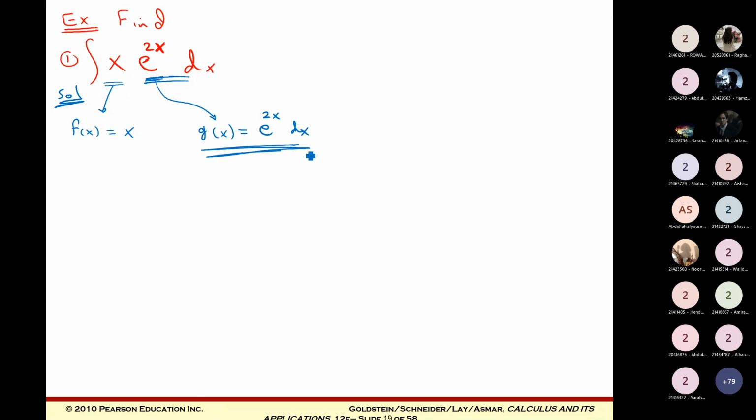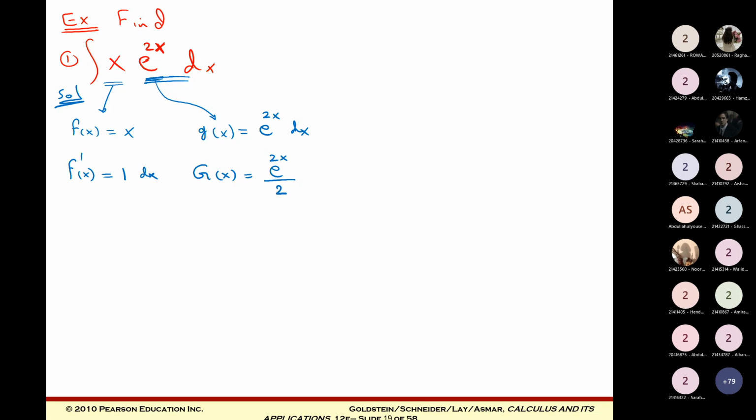This is very easy to integrate, we don't have any problem. When we find the derivative of f, it goes to the constant. So always f of x is the one that goes to the constant or removes the x, and g of x we can integrate without any problem. Now f prime equals 1, and the integral of g of x, e to the power 2x, is the same over the coefficient of x, e to the power 2x over 2.